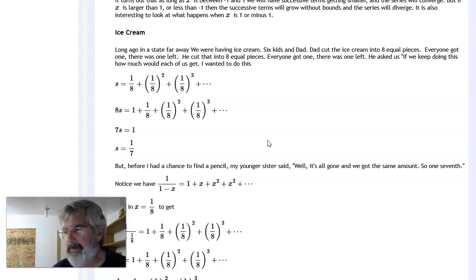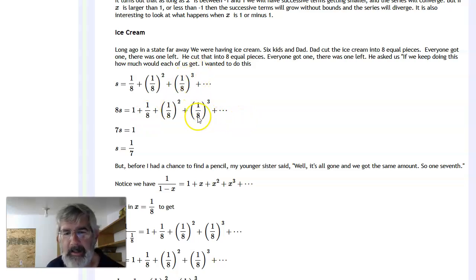Now, he had shown me how to add geometric series up. So I was about to sit down and do this. I was going to say, this is the sum I want: 1/8 plus an 1/8 squared plus an 1/8 cubed, and so on. Now, if I multiply that by 8, so 8 times s, this multiplies 8 to be 1. This would cancel out one of the 8s on the bottom to give you 1/8. And then this would be an 1/8 squared, and this would be an 1/8 cubed, and so on.